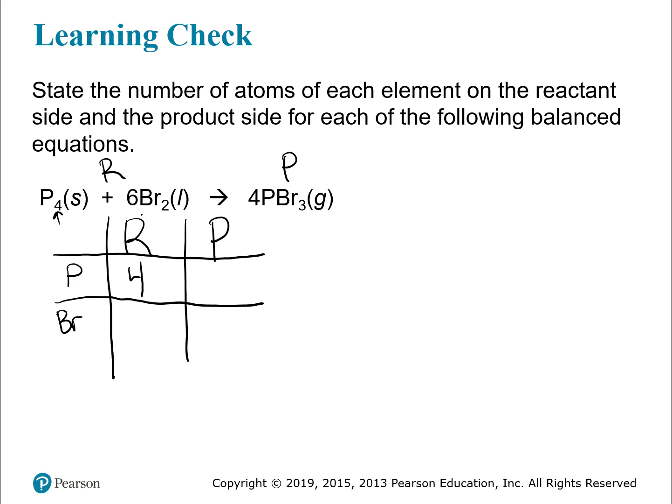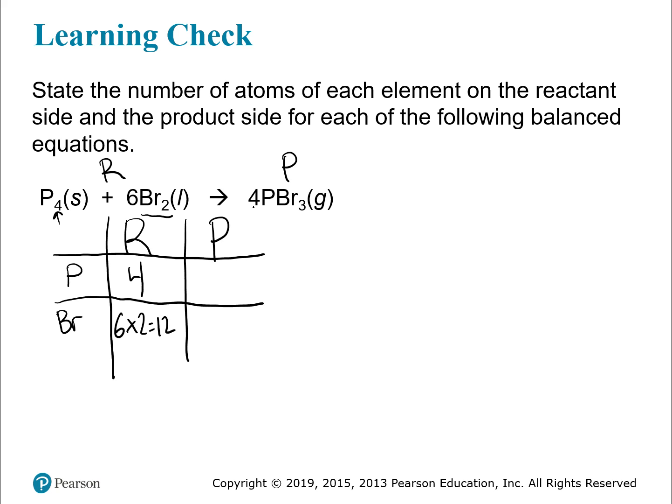I have bromine, which is a liquid, and it's Br2. So that means that there are 2 bromine atoms in each of these compounds, and I've got 6 of them. So 6 times 2 means I have 12 bromine atoms.